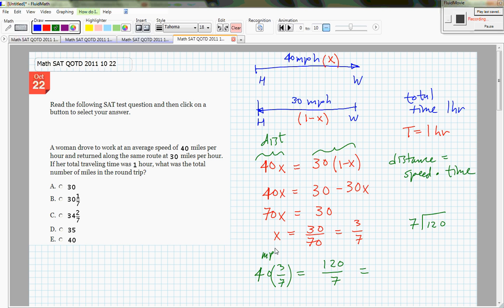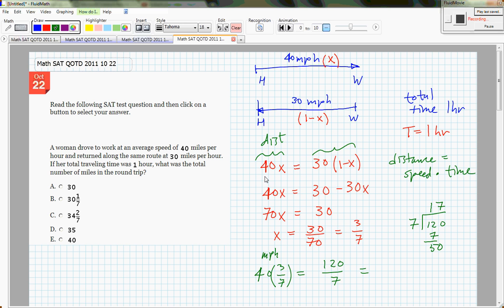Miles per hour times 3/7. I see. I'm not getting any of the answers here because I'm only finding half the distance.